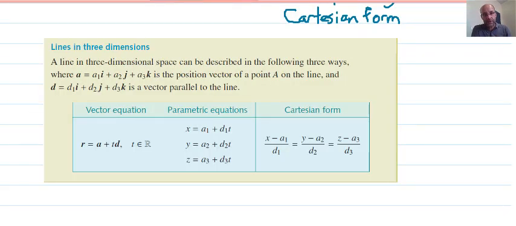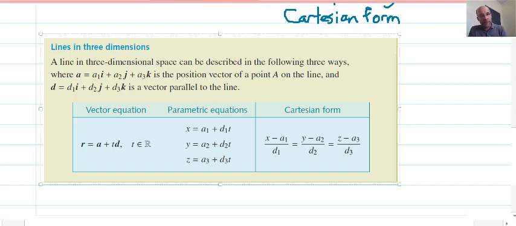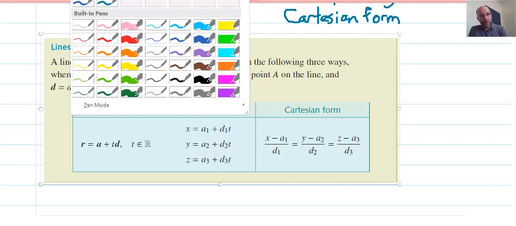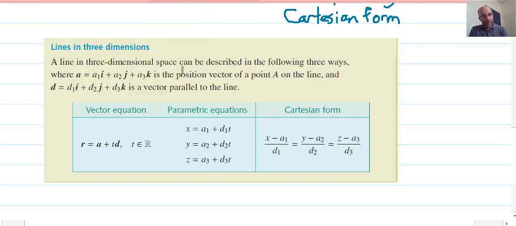In summary, for 3D vectors, we have the following to note. A line in 3 dimensional space can be described in the following ways. Given that we've got a vector A, which is A1i, A2j, A3k added together, it's the position vector of point A, which happens to be on the line, and D is a vector that's known to be parallel, D1i, D2j, D3k, all added together.